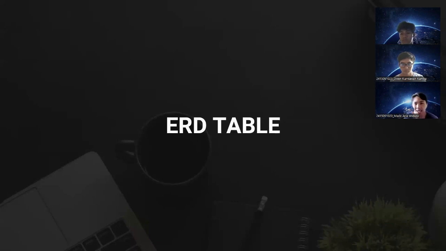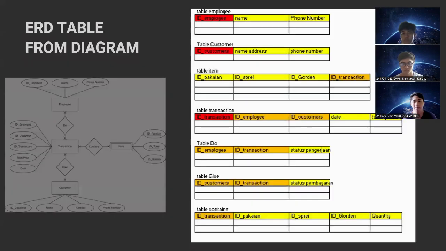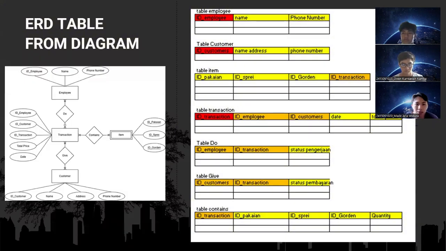Next is the ERD table. So based on the diagram, there is a many-to-many relationship between employee and transaction, so there will be a table of employee and a table of transaction.